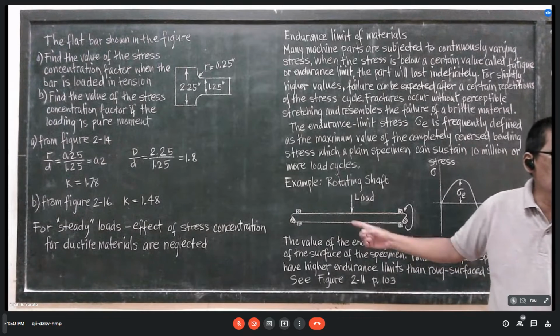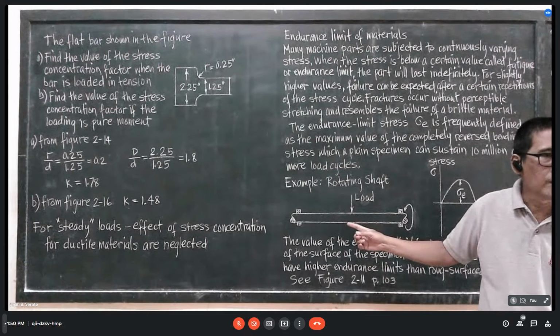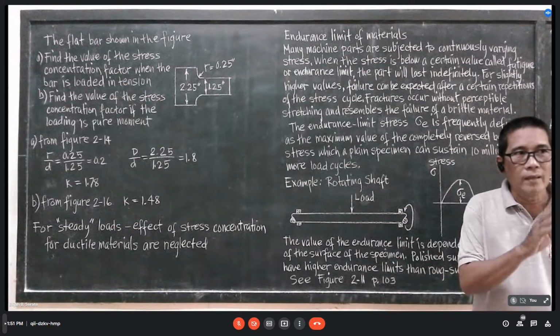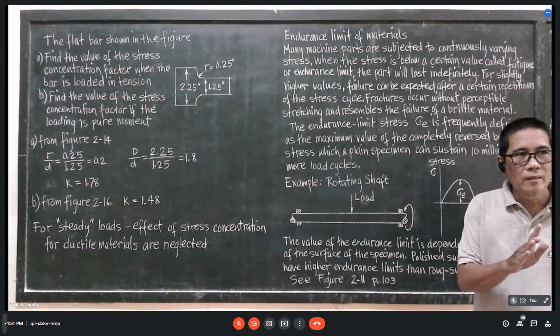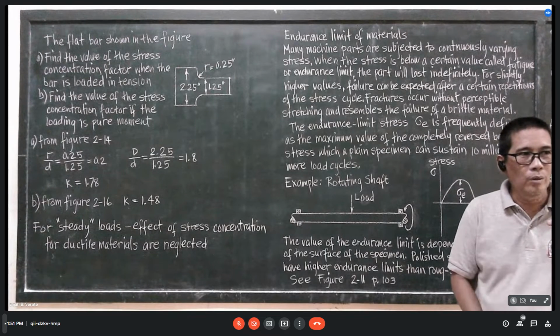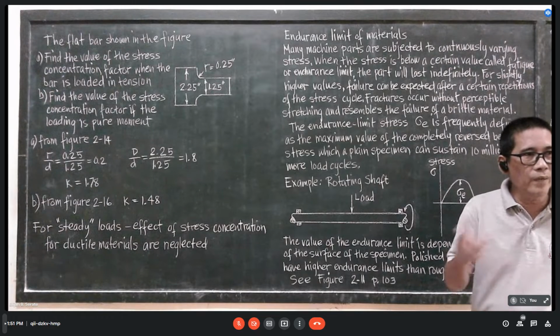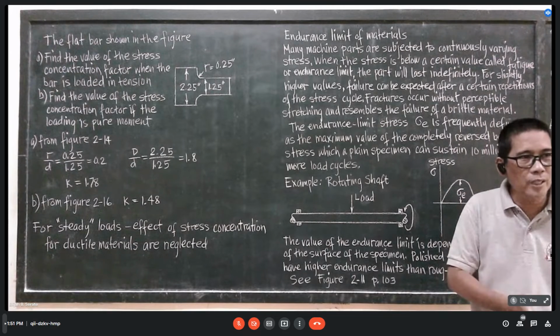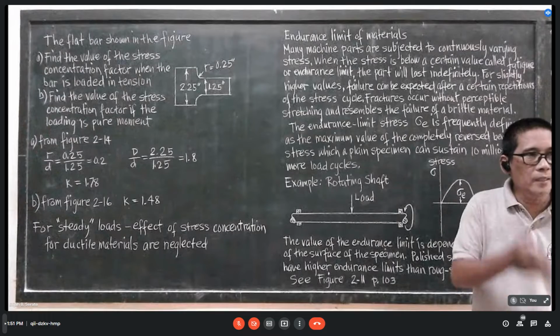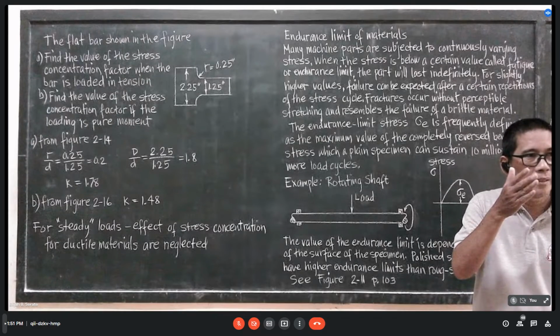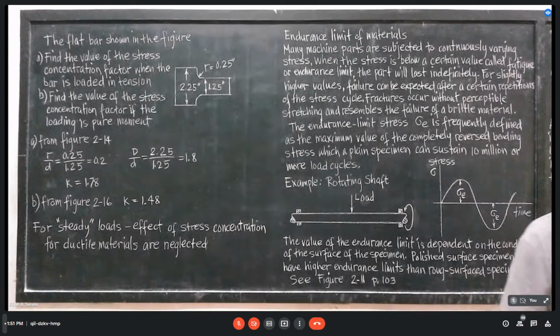What kind of stress? Okay, remember, in the bending stress, there are two, right? The MC over I. We cut the cross-section, they are not the same. No? They are not the same if you cut the cross-section.